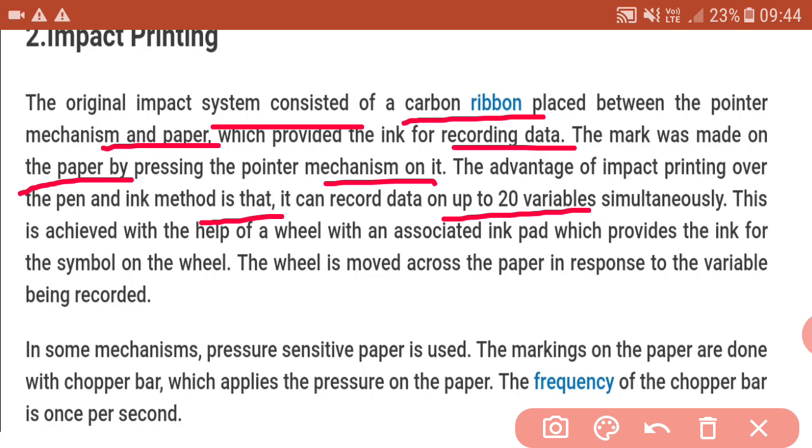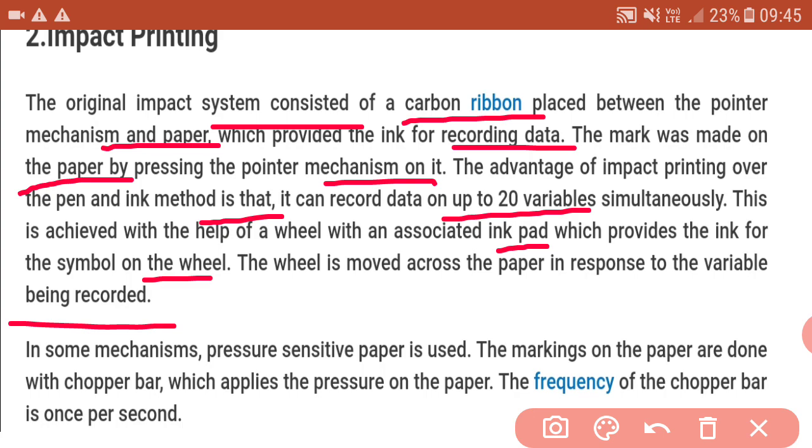This is achieved with the help of a wheel with an associated ink pad, which provides the ink for the symbol on the wheel. The wheel is moved across the paper in response to the variable being measured.